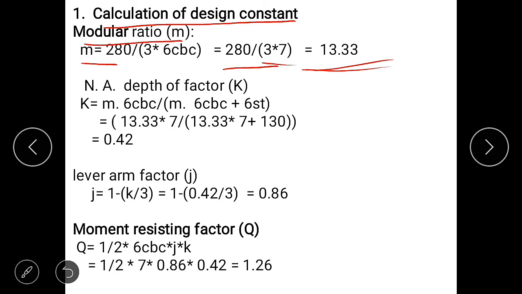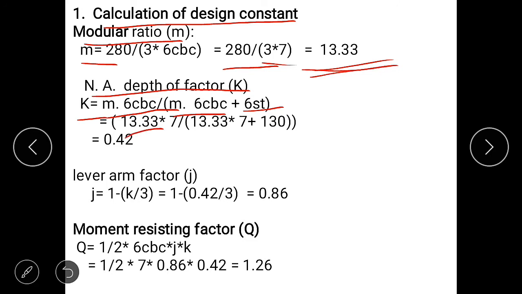Second design constant is the neutral axis depth factor K. The formula to calculate K is equal to m sigma CBC divided by m sigma CBC plus sigma ST. Here in the first constant we calculated modular ratio, which is 13.33.